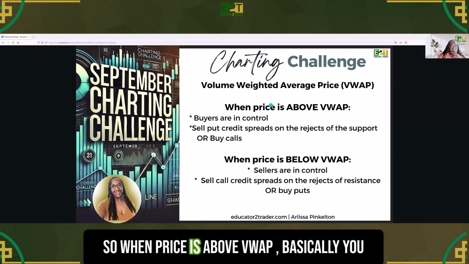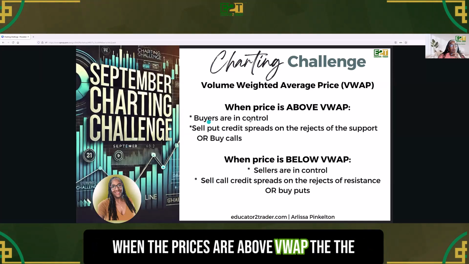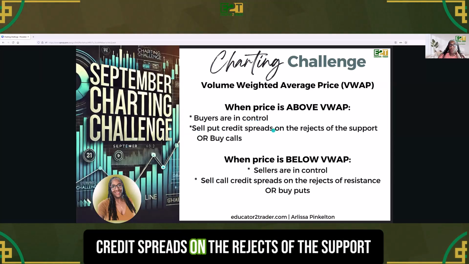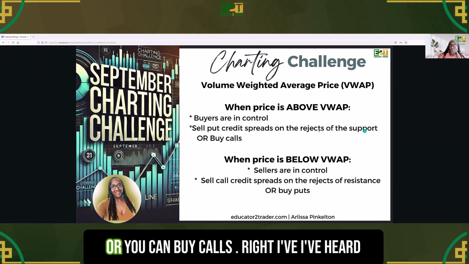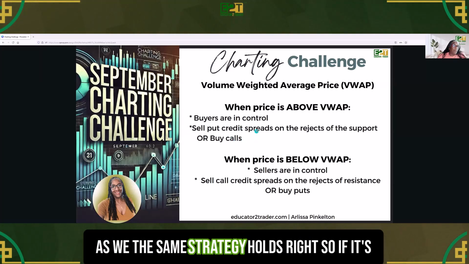So when price is above VWAP, basically you need to know that the buyers are in control. When the prices are above VWAP, the buyers are in control, and you can sell put credit spreads on the rejects of the support, or you can buy calls, right? I've heard people primarily use it for buying stuff, but the same strategy holds, right?